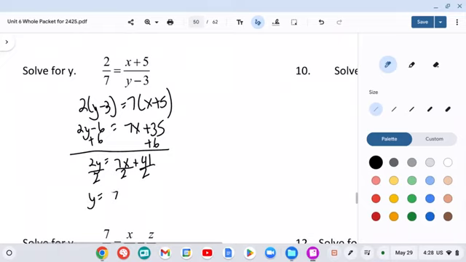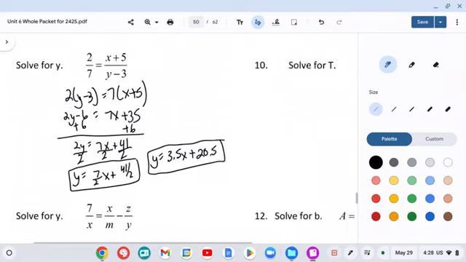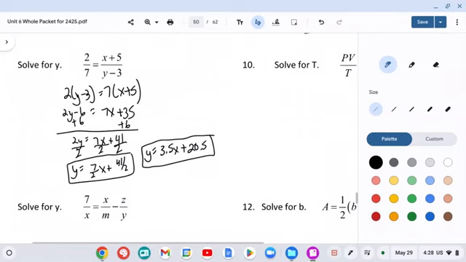So in the end, it's 7/2 x plus 41 over 2. I think that comes out to give you nice decimals, even though they'll leave them as fractions. More than likely, that would be your decimal answer. You can only write it as decimals if they come out to be nice decimals like that, where they don't go on forever.